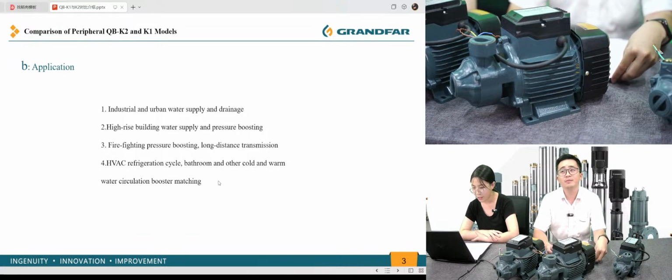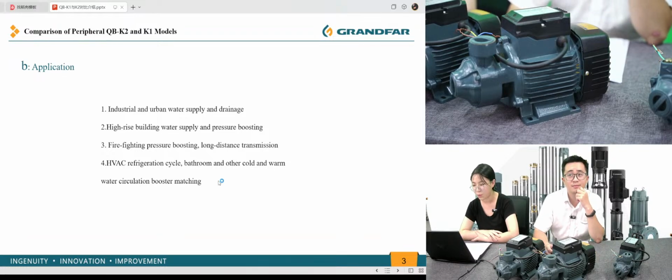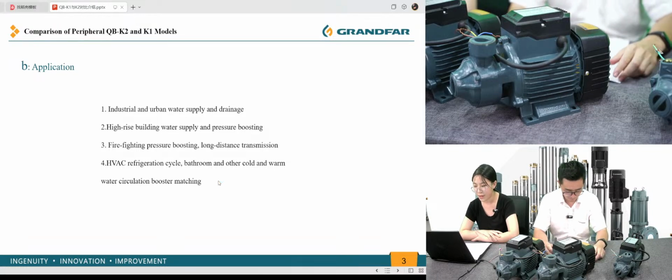And the second application is the high-rise building water supply and pressure boosting. You can imagine, on a high floor, how can a family use the water conveniently? That is also the peripheral pump serving the environment. And the third is firefighting pressure boosting and long-distance transmission.